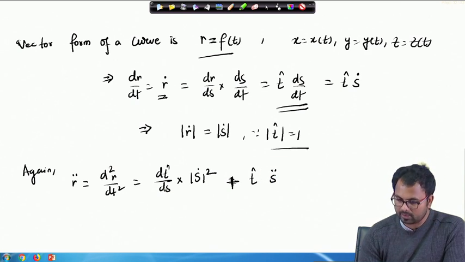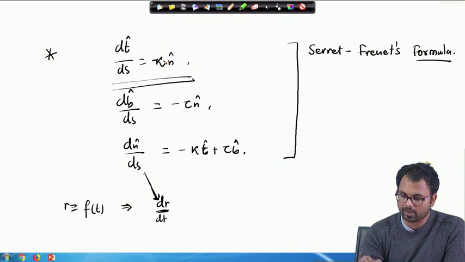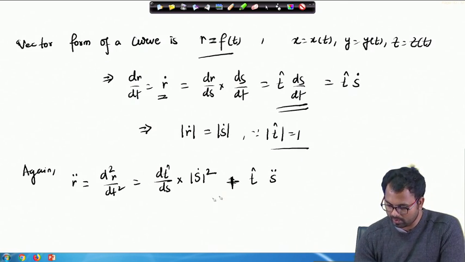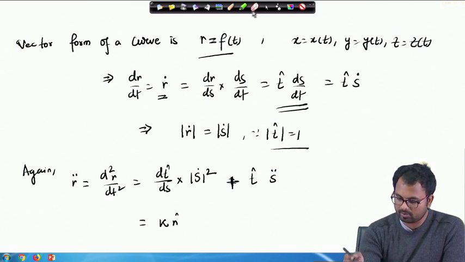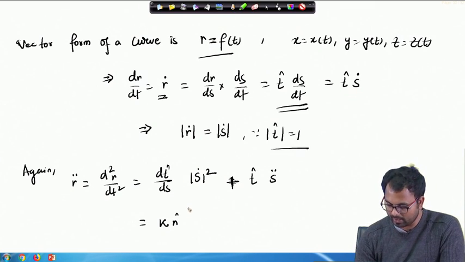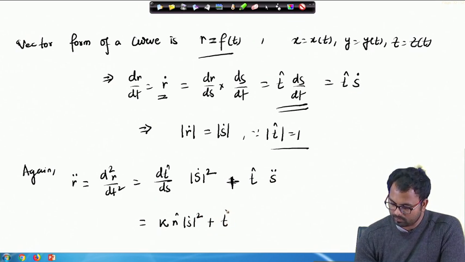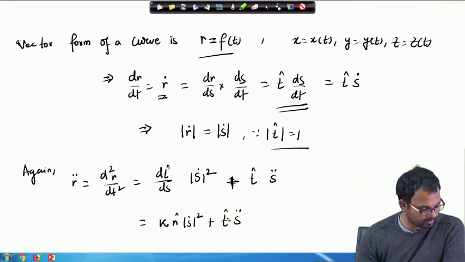Now, dt ds, if we go to the Serret-Frenet formula, is kappa times n cap. So, let us substitute that here. So, this is kappa times n cap times s dot square plus t cap times s double dot, and this is not a cross product actually. Do not confuse it with the cross product, it is just usual multiplication.